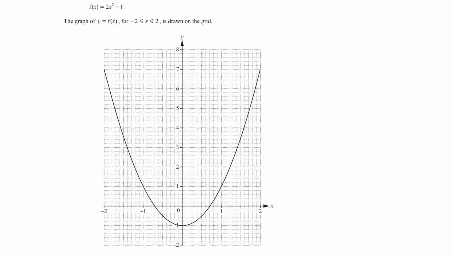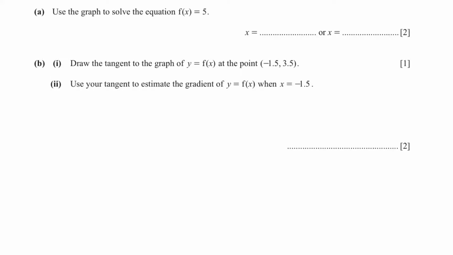Let's draw a line. So this is your y is equal to 5. We have to find the corresponding x value. So when y is 5, x is 1.7 and negative 1.7. So these are our two values, 1.7 and negative 1.7.